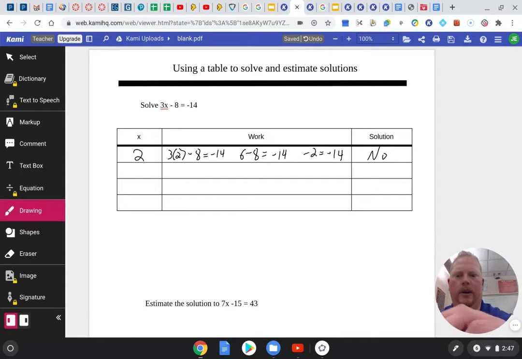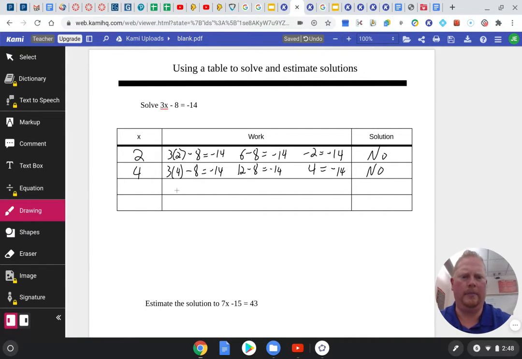All right, let's try, I don't know, 4. So 3 times 4 minus 8 equals negative 14. So that's 12 minus 8. So 4 equals negative 14.